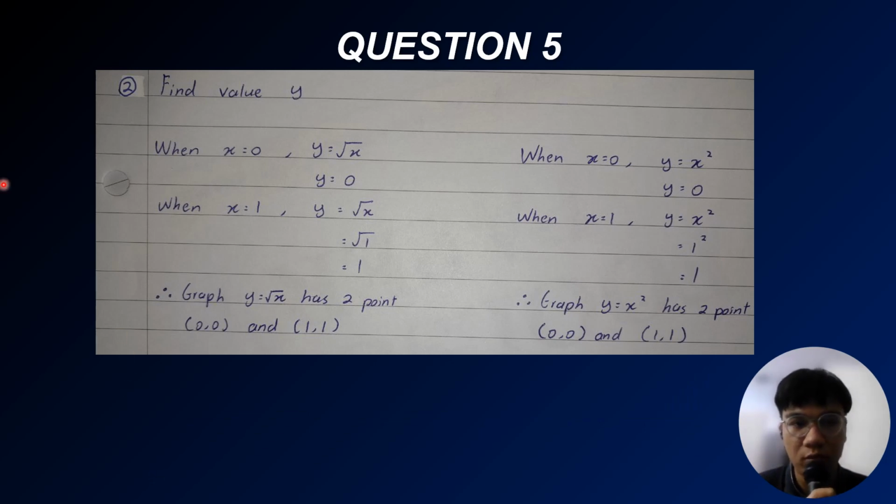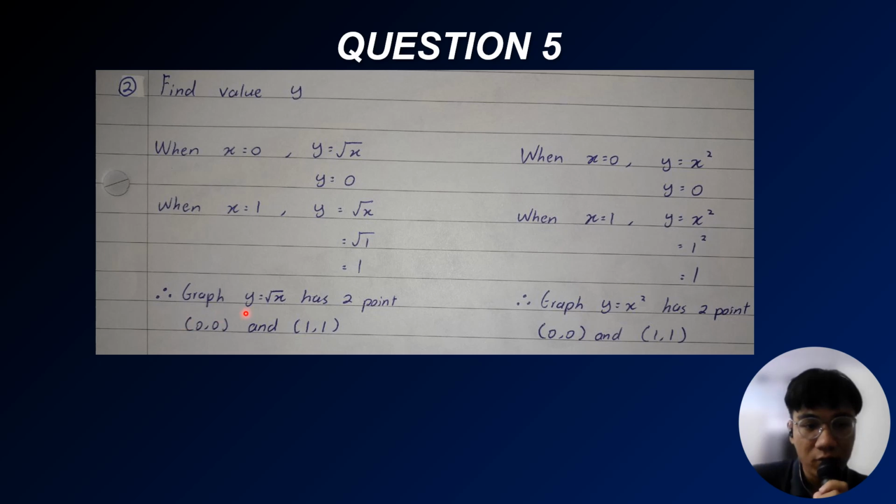For step 2, we have to find the value of y. To find the value of y, we replace the x value in the original equations, which are y equals square root of x and y equals x squared. When x is 0, we replace the x and we get y equals 0. When x is 1, we replace the x and we get y equals 1.